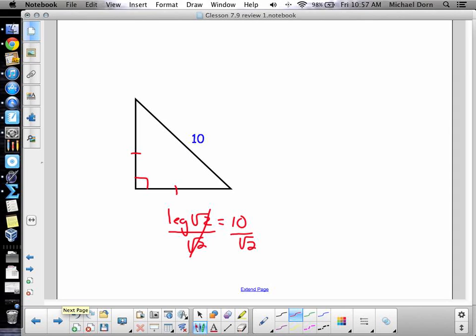So that cancels, and I just have to simplify 10 over root 2. Multiply by root 2 over root 2, right? So that gives me 10 root 2 over 2, and the 10 and the 2 reduced, leaving me 5 root 2 for each side. Okay?